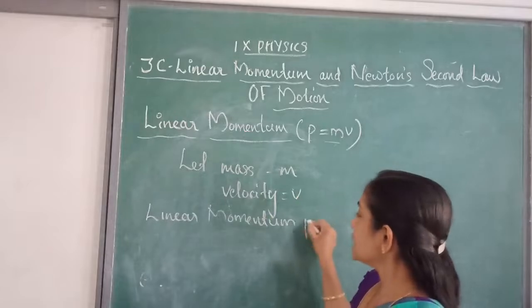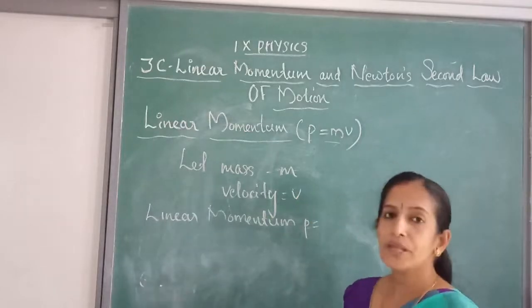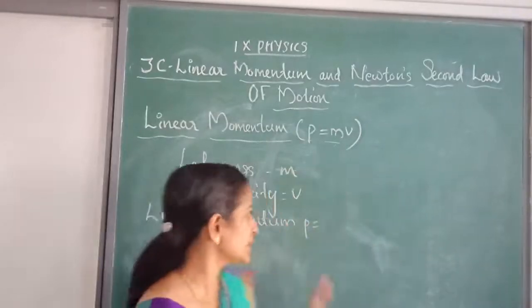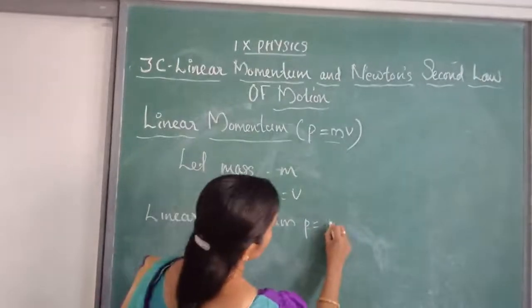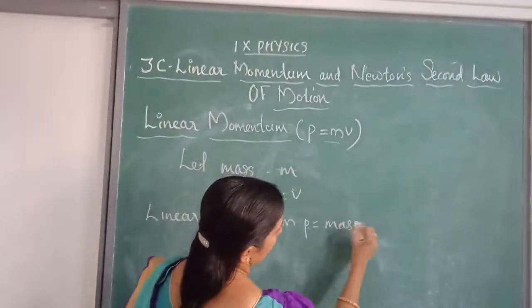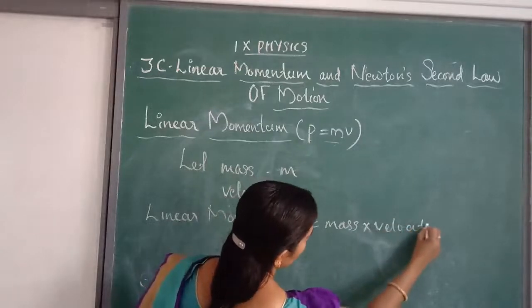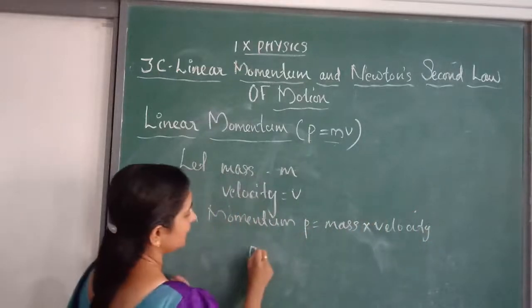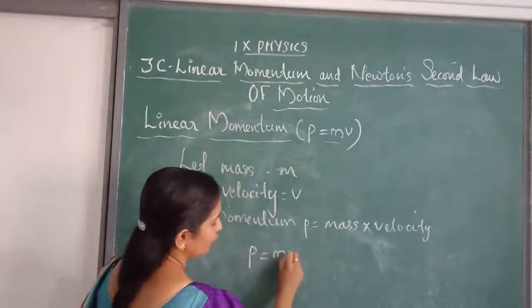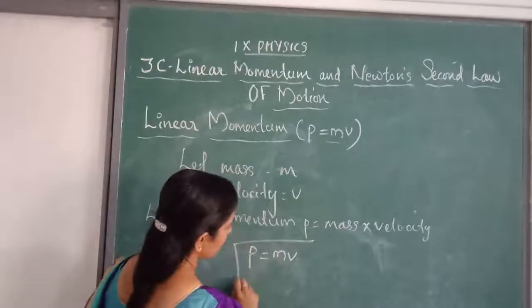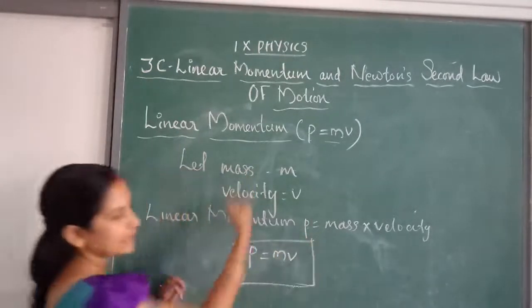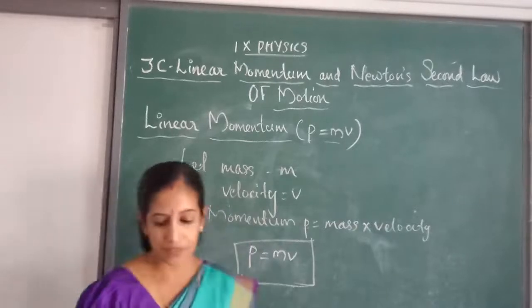P is the product of mass and velocity. Or we can write P equal to mv. This is the formula of linear momentum.